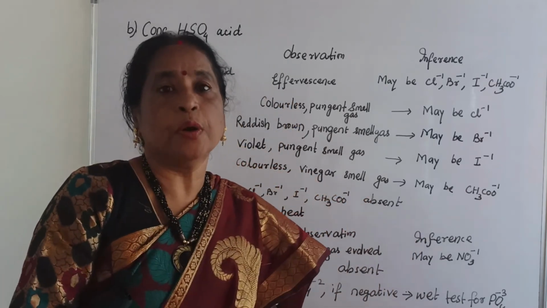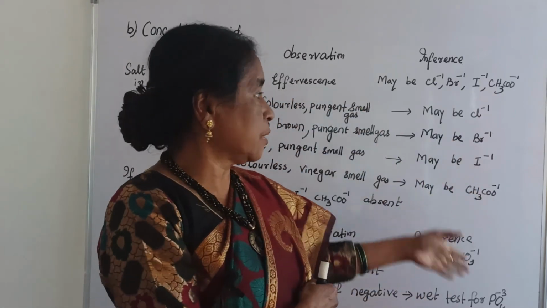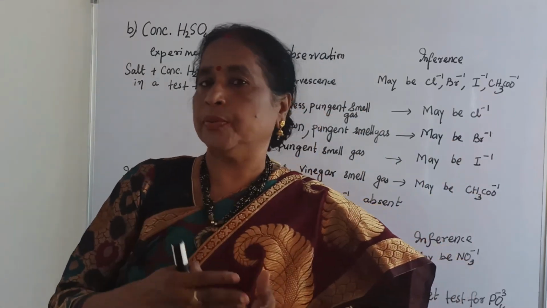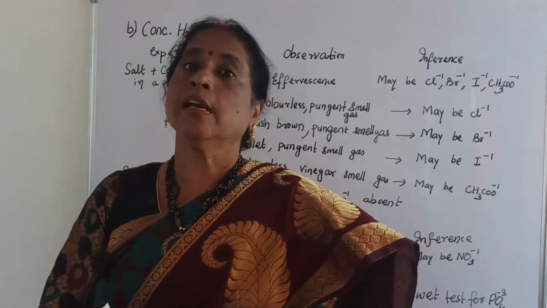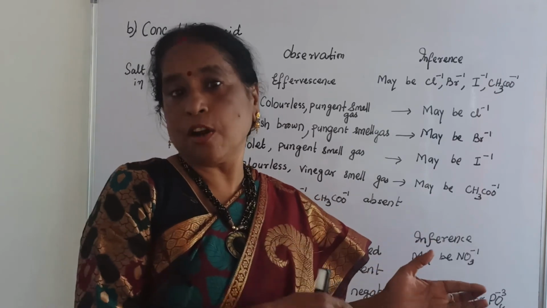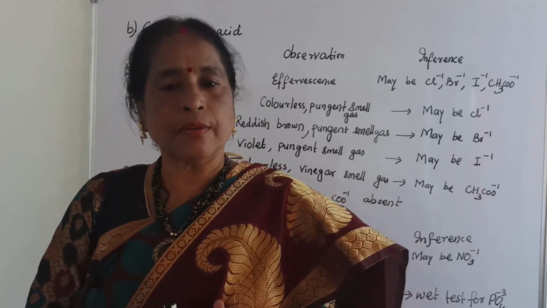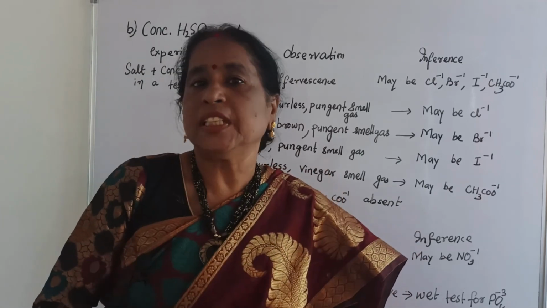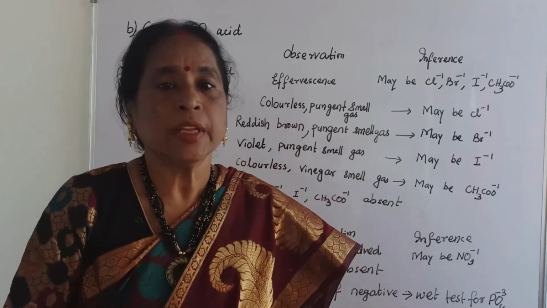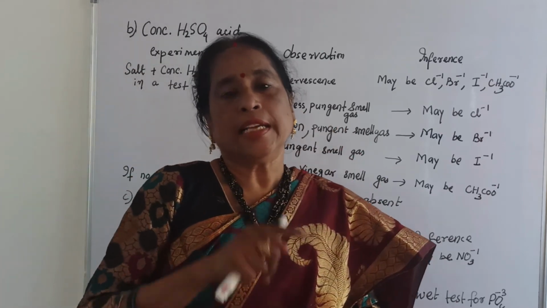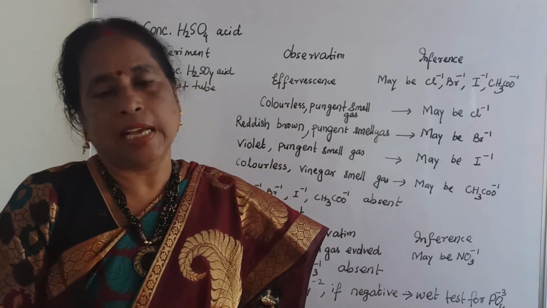In the next video we will see the wet tests for all the types of radicals, starting from the dilute sulfuric acid group radicals, concentrated sulfuric acid group radicals, and the copper turnings group radicals, that is nitrate, and phosphate and sulfate, and how to do the experiment, how to get a good result, and how you can confirm that your acid radical is that. We will proceed in the next video one by one with each acid radical.